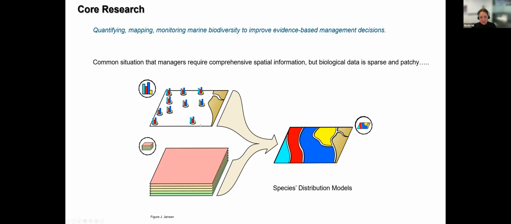Once we develop those statistical relationships, we can essentially fill in the gaps where we don't have biological data and produce maps of what we think is there. This field of research is loosely based around species distribution models, but lots of species distribution models are interested in a single species at a time. When we're talking about biodiversity, we're actually interested in multiple species.